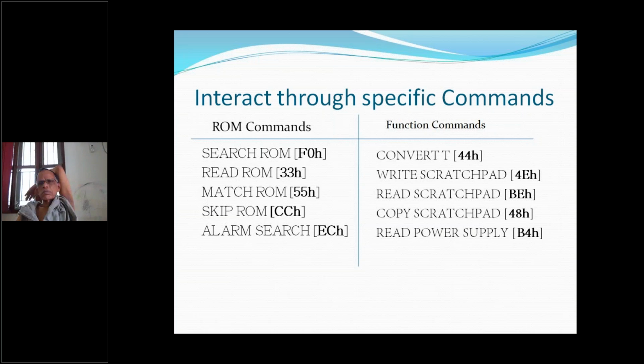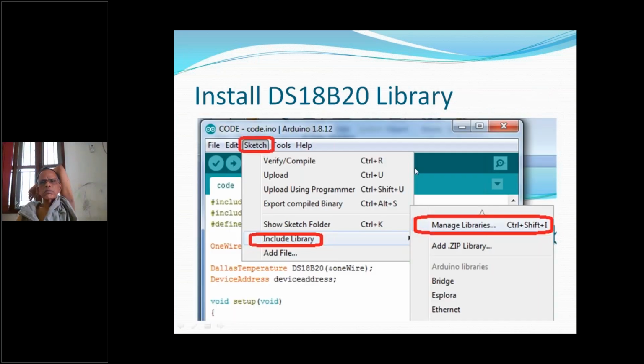After conversion, it will write in scratchpad, and scratchpad is nothing but internal storage in the DS1820 itself. Then if you have to read the information, we have to use the read scratchpad command. Then for the power supply, you can check whether it is external or parasite.